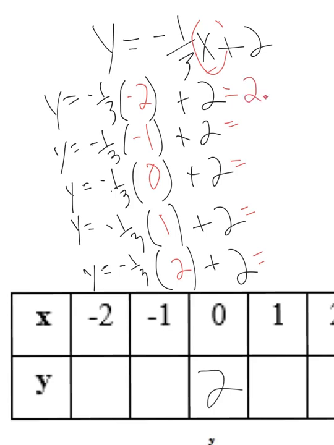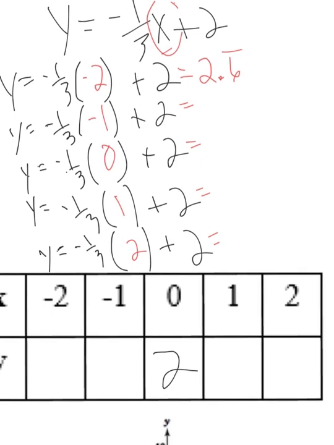That'll be 2.6 continuous, which is why we couldn't really see that on the graph, because that's not a perfect point. Or you might see that as 8/3. This one's going to be 2.3 continuous, or 7/3. This one is going to be 2, which is what we see right here.